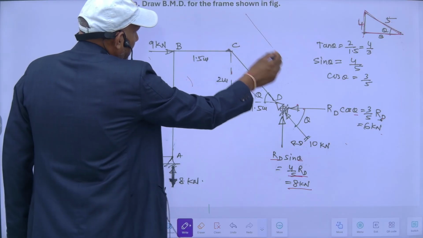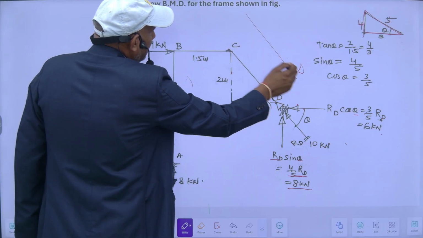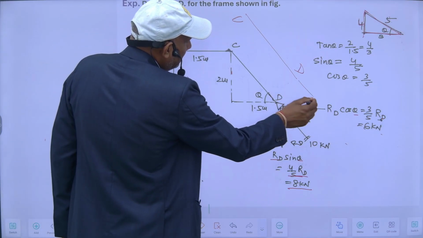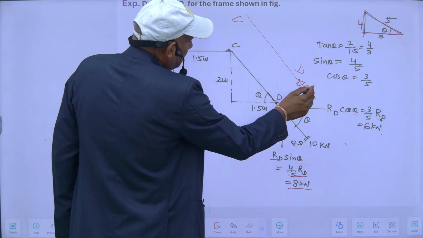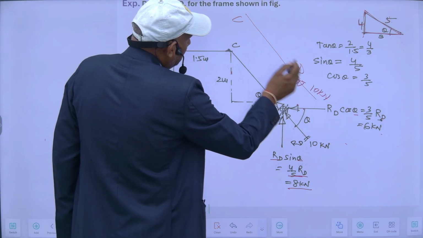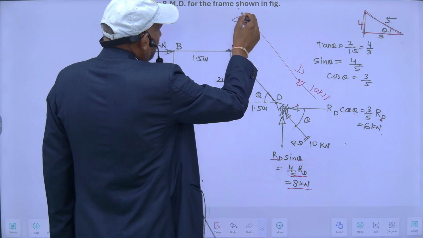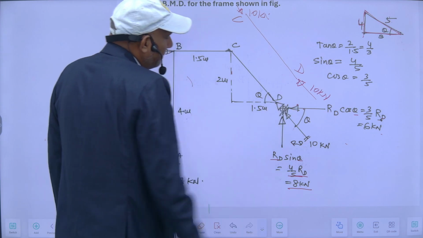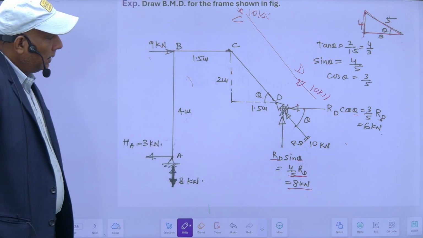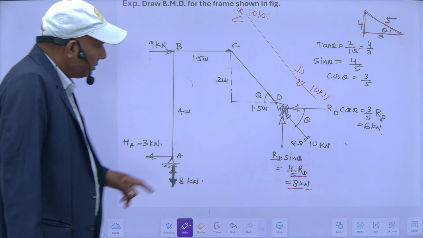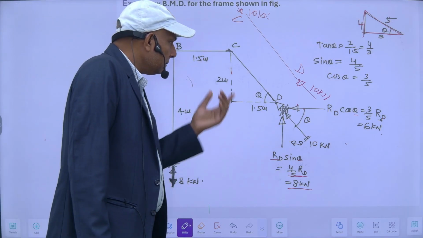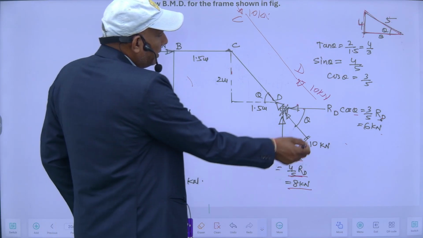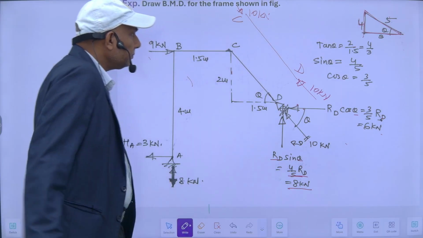This is D, this is C. So this will be 10 kilonewton for the CD portion. And there is no bending since it is passing through the centroidal axis. No bending moment will be because of this for the CD portion.